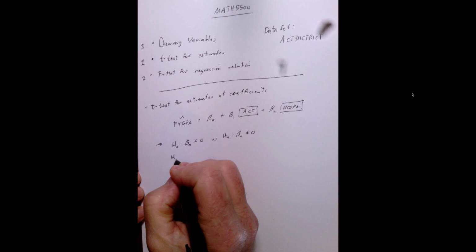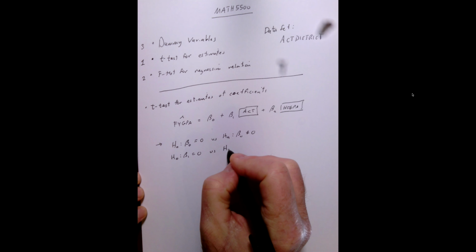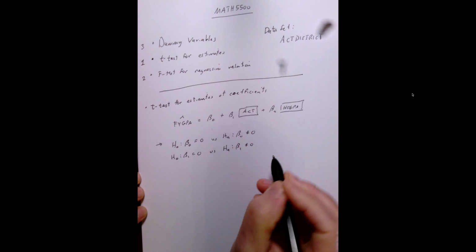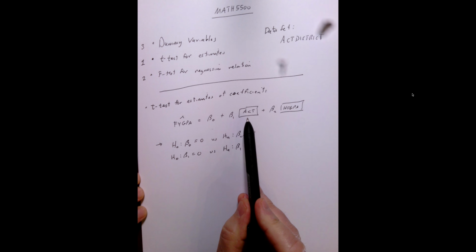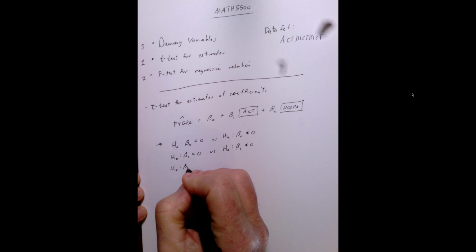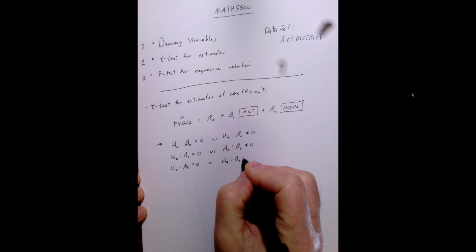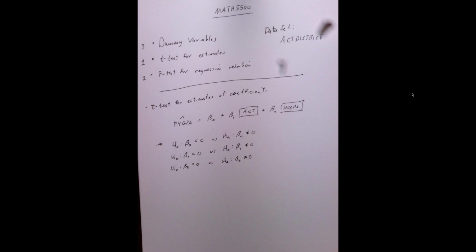The other thing in this situation, we would test that the slope of ACT is not equal to 0, and similarly for the high school GPA. So the t-test for the estimates of the regression coefficients conducts 3 separate t-tests. We see them on the line: the estimate, then the standard error, then the test statistic, and then the p-value.